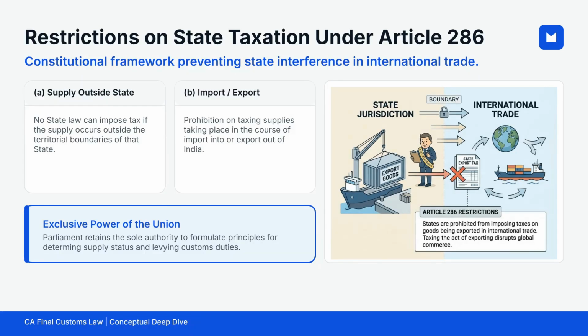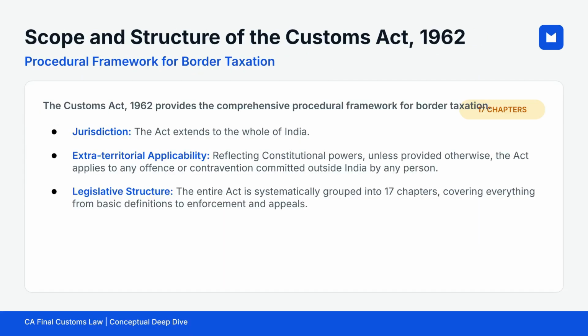The Customs Act 1962 serves as the primary procedural law governing customs administration in India. It extends to the whole of India and contains provisions relating to import, export, assessment, warehousing, confiscation, penalties, and appeals. One important feature is its extraterritorial applicability. Unless specifically stated otherwise, the Act can apply even to offenses or contraventions committed outside India.